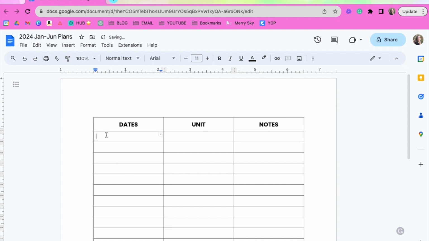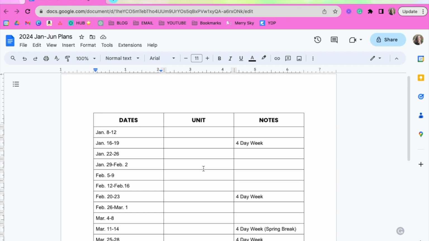Okay, so the first thing I'm going to do is go through and put in the dates with my district calendar so that I know what we have going on. I'm going to start with the first full week of January, which is January 8th through 12th. And then I'm going to make a note over here that this is a 4-day week because of Martin Luther King Day.